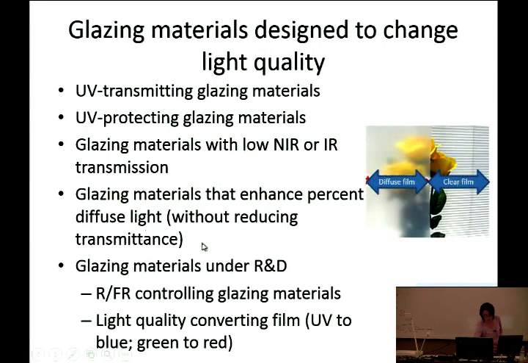And some materials can change the type of radiation. So the incoming radiation may be 80% direct radiation, but the transmitted light could be nearly 100% diffuse, right? That could be possible, like this one, diffuse film, clear film. If you can see through clearly, that means that particular film is transmitting direct light and not changing any ratio.